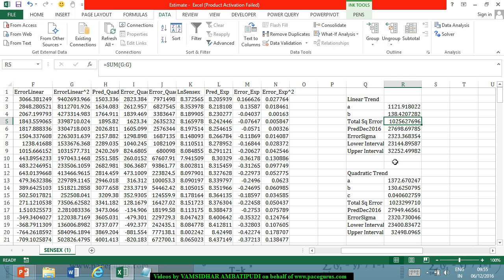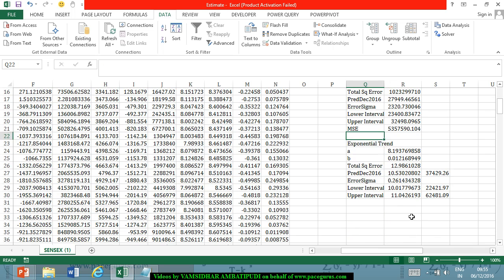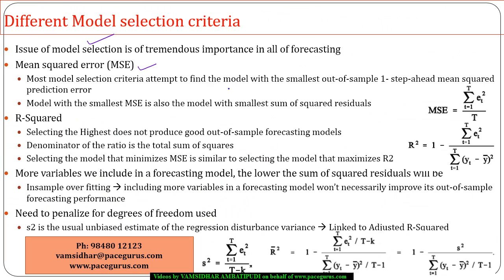If I divide it by the total number of observations, which in our case is 191, that gives me the mean squared error. Here also mean squared error is coming out as the total squared error divided by 191, and here also I am taking the total squared error divided by 191. So that's what is coming out as the mean squared error.